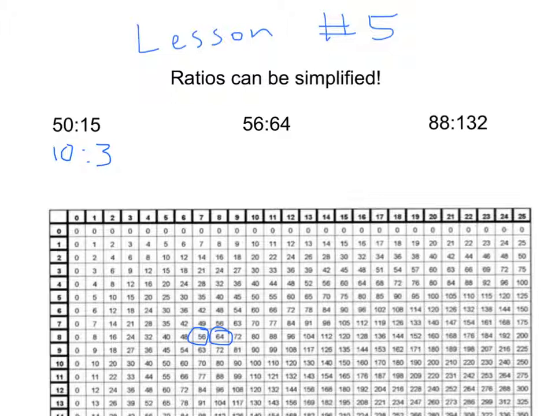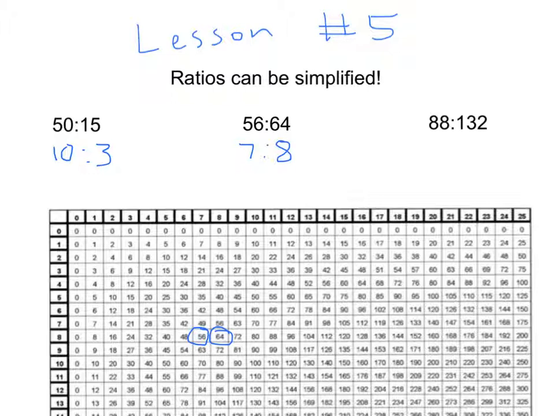So I can write that down. And 64 divided by 8 equals 8. Okay, so you should have got 7 to 8.